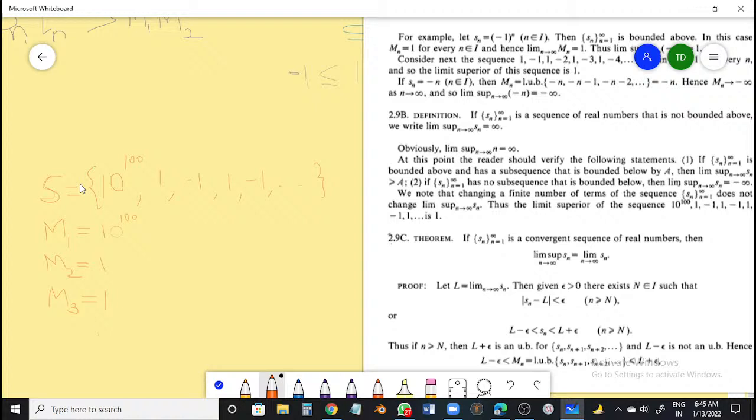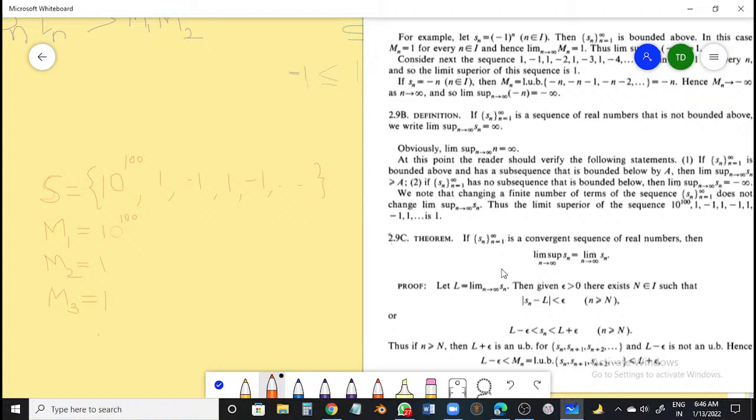So though I have this term over here, the next terms show the sequence is effectively bounded. So what will be the limit superior? It will be 1, because if the sequence Mn is convergent, then its limit is the limit superior. So the limit superior has to be 1.